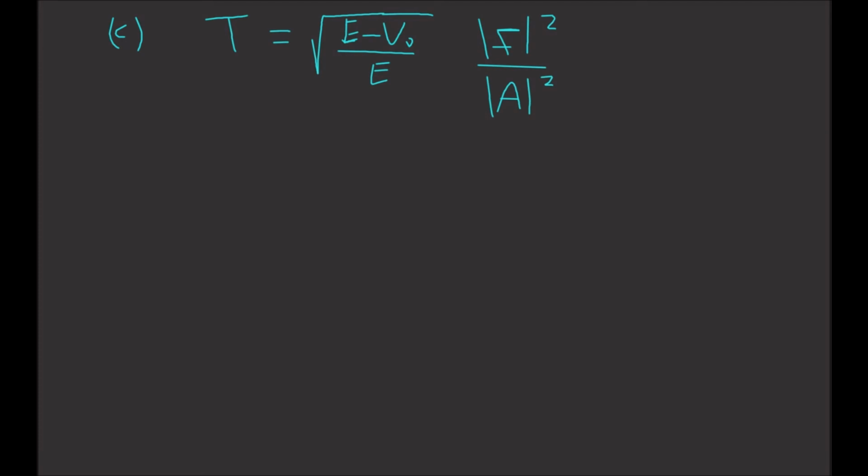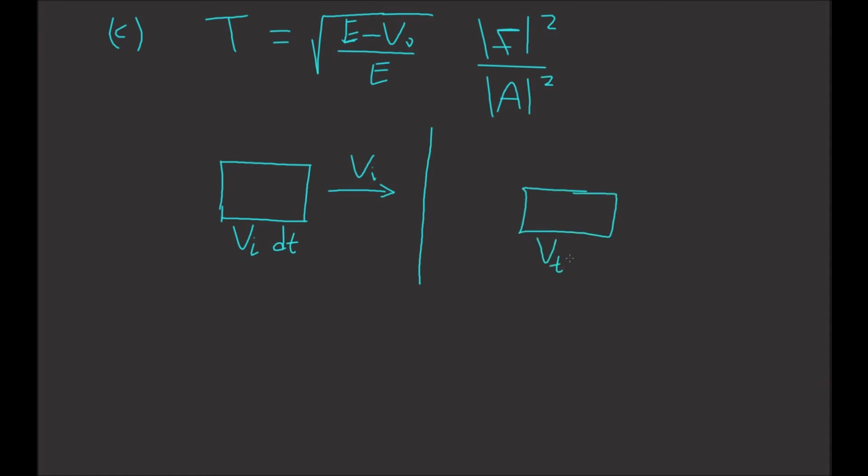So let's draw a few things. Let's draw a box here. This corresponds to the incident wave coming at velocity v incident, v sub I, times some small time interval delta t. It's coming here, and then it's going to go through this barrier into the transmitted wave, v sub t, times the time interval delta t.